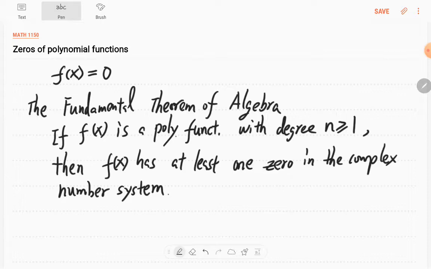Okay, so we know that the real numbers are a part of the complex numbers. The complex numbers are a much larger set of numbers.